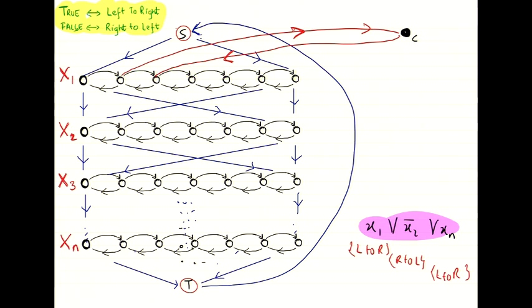Then on not x2, I want it to be right to left. I'll add arrows from x2 in the reverse direction, maybe green arrows. They go in the reverse direction.